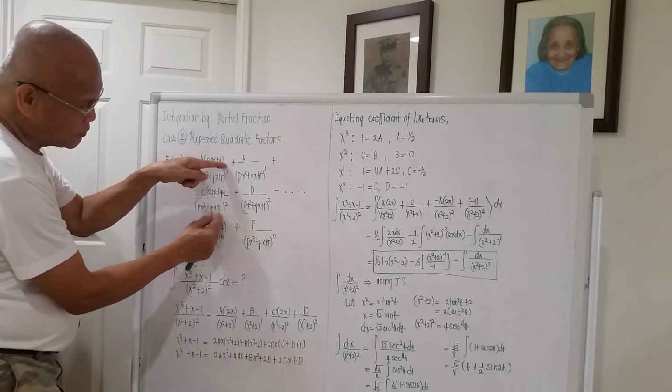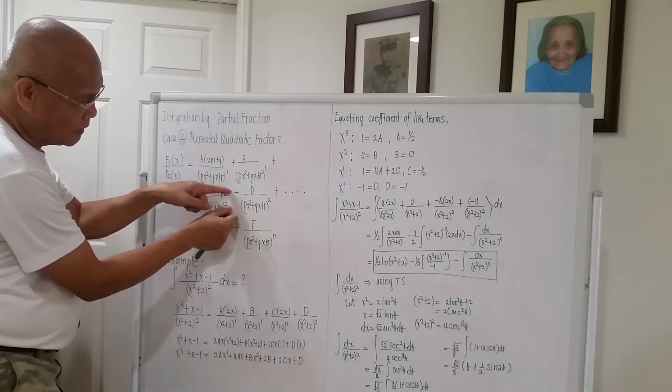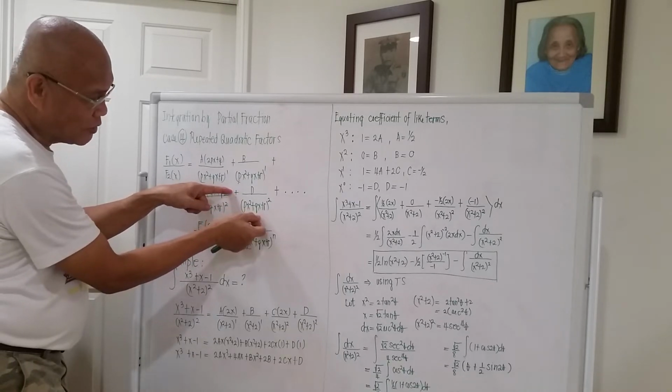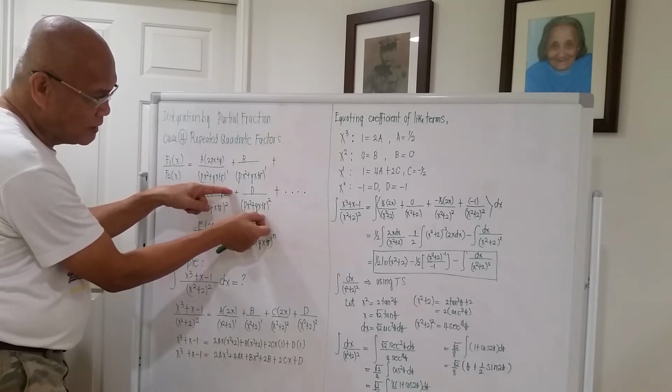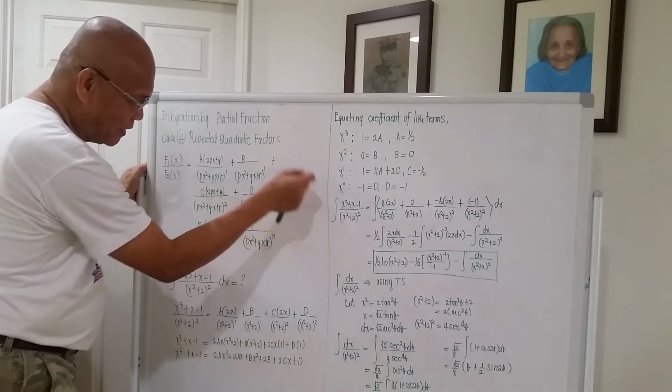This is first, so we will go with the second. Second power: plus D over px squared plus qx plus r to the second power, plus dot dot.